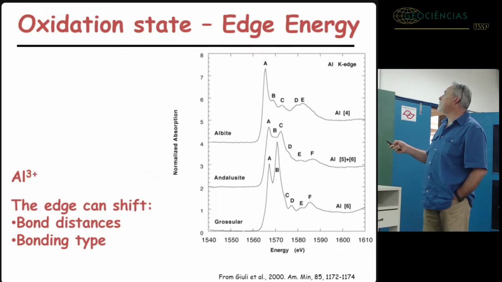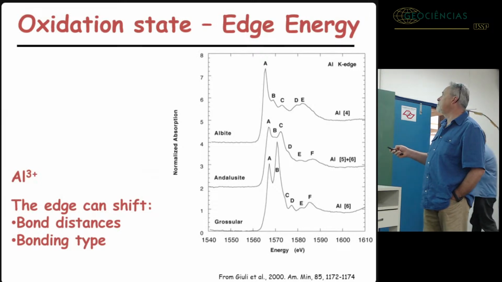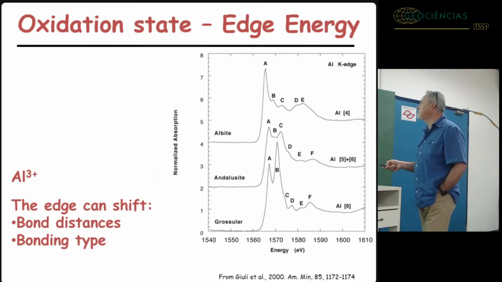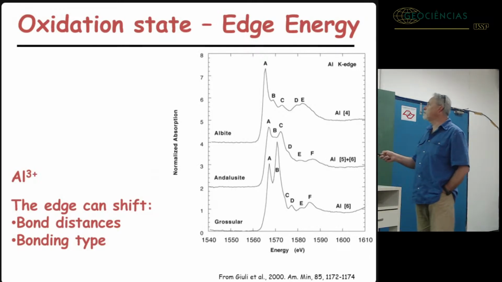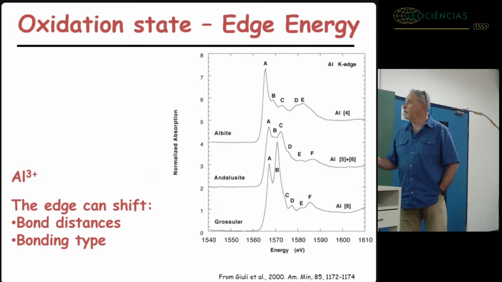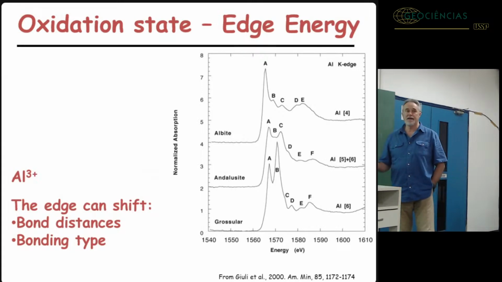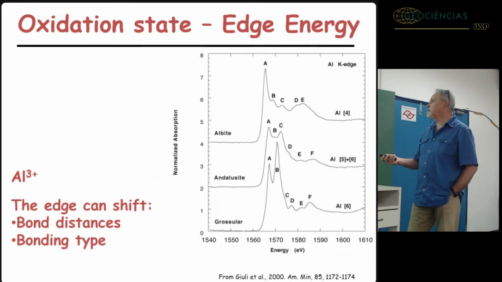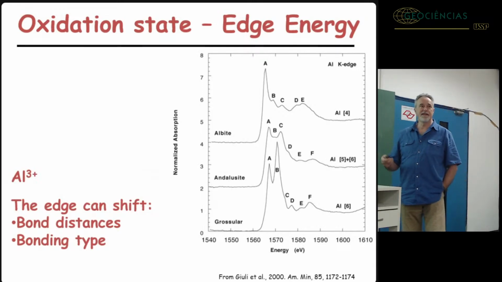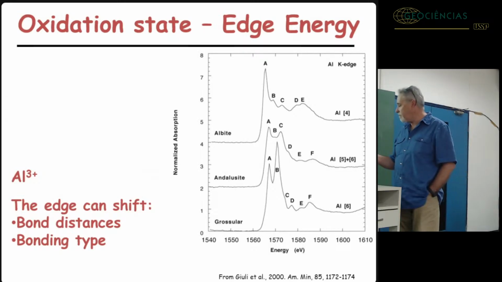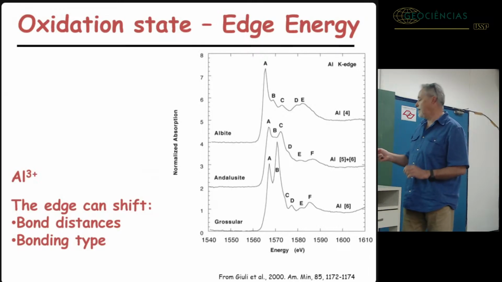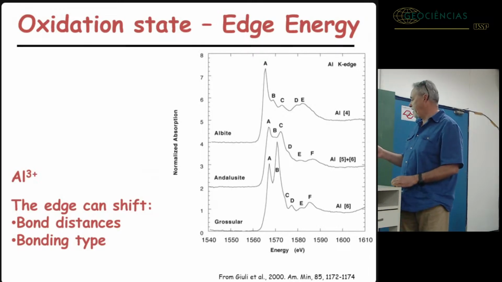This is between albite, where aluminum is only in tetrahedral coordination, andesine, where it is in 2 kinds of coordination polyhedra with 5-fold and 6-fold coordination, and grossular, where aluminum is only in 6-fold coordination. So the edge energy depends not only on the oxidation state, but also on bond distances and, in general, on bond type. That's why it can give us only very crude estimates, but not very precise numbers.